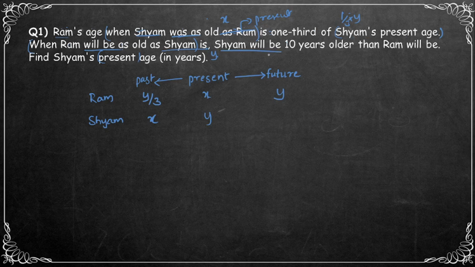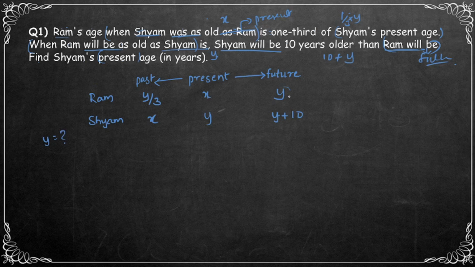So that means Shyam will be 10 plus Ram will be. That means this is the future age of Ram, future age of Ram is Y. So this is Y plus 10. Find Shyam's present age. That means they are asking for Y.